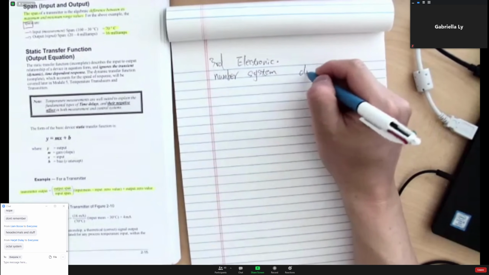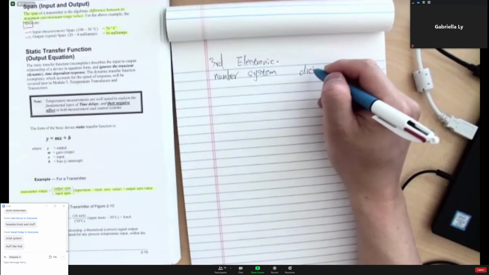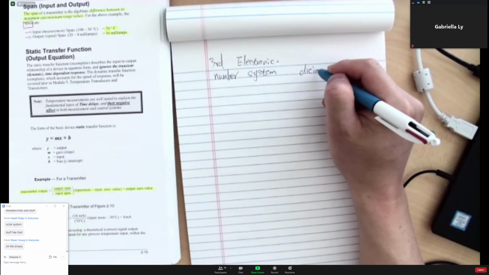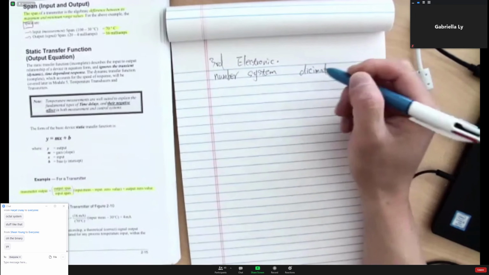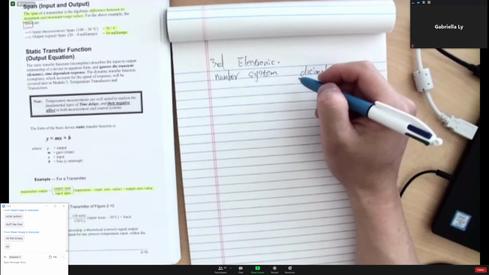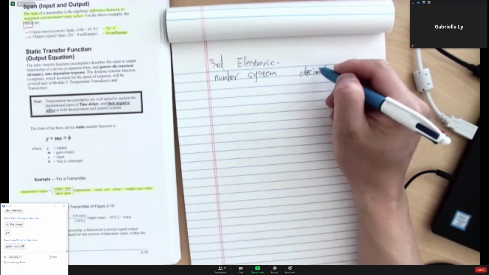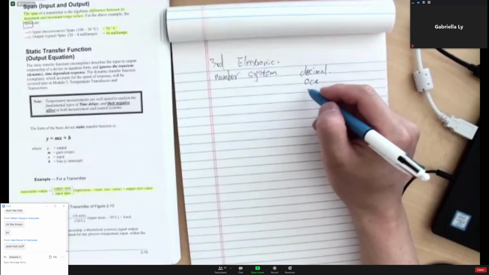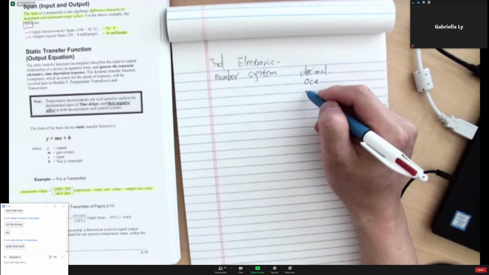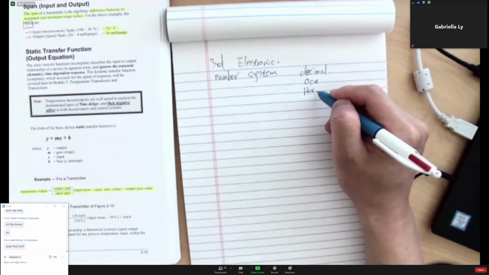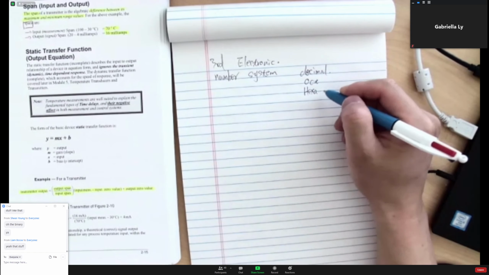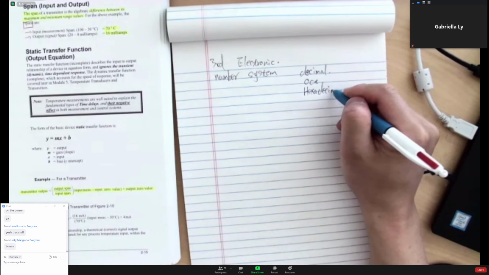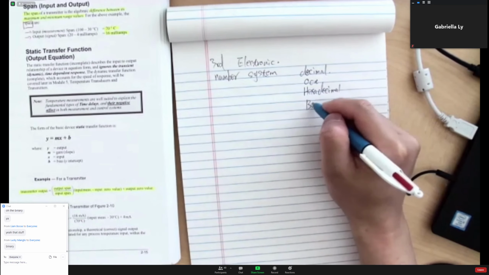We have decimal, octal, hexadecimal, and we also learn binary, right?